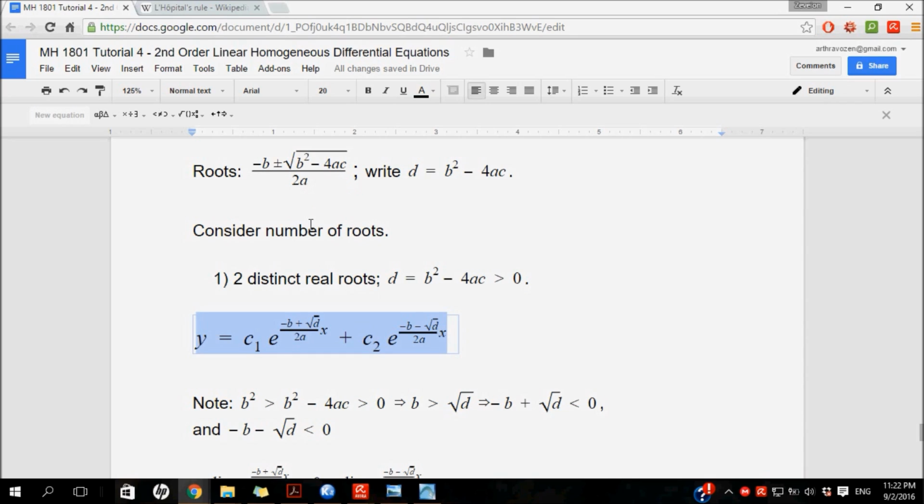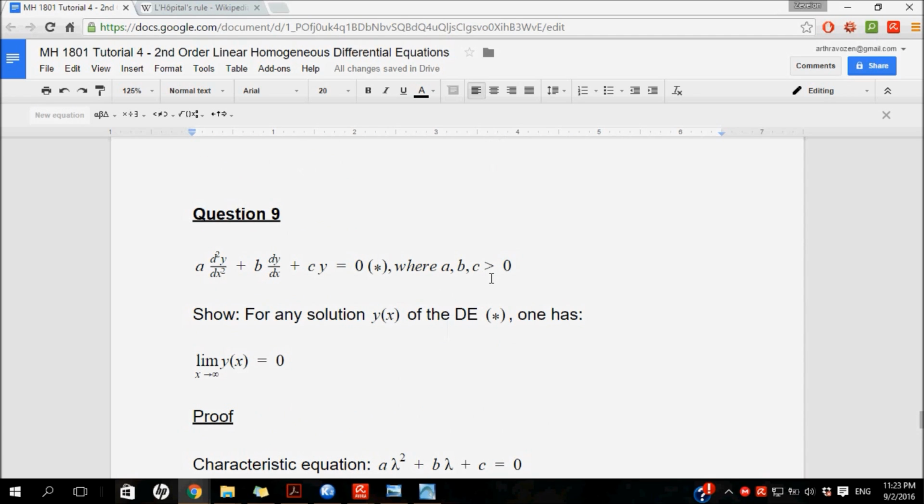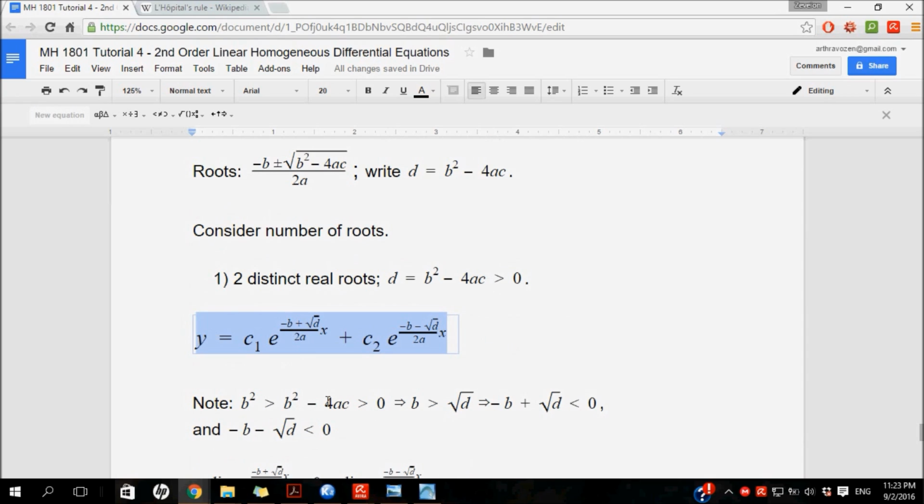Here is something that we note. b squared is clearly greater than b squared minus 4ac. It is because we understand a, b, and c are all positive numbers, and therefore we are subtracting a positive number from b squared. b squared minus 4ac is the discriminant.